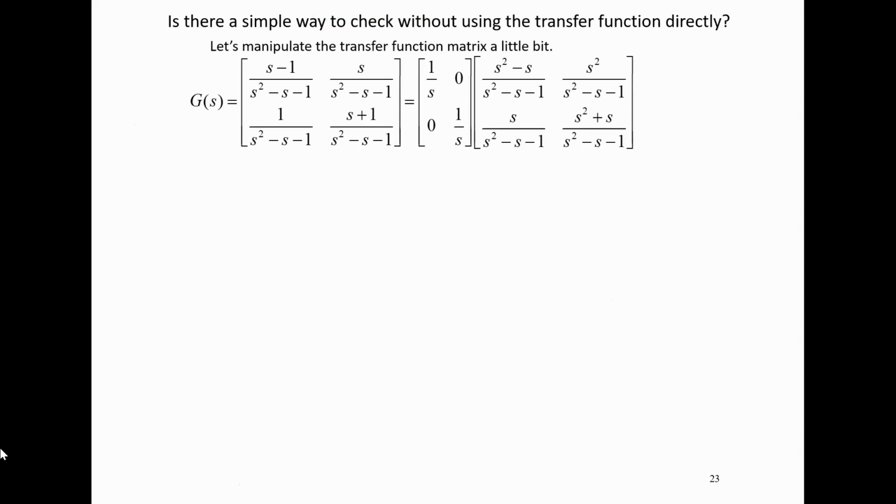Then we need to manipulate the transfer function matrix a little bit. Let's rewrite this transfer function matrix. I take out 1 over s for each row. So all the numerators will be multiplied by s. We get s squared minus s, this is s squared.